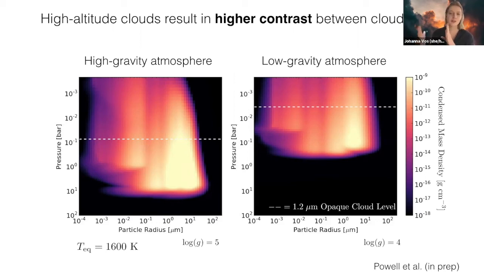The main difference between these two models is that the clouds form at higher altitudes in low gravity atmospheres. So if these clouds then start to become patchy, we're observing a greater temperature difference, or a greater contrast, between the cloudy and less cloudy patches. This may be one explanation for why we're seeing enhanced variability.